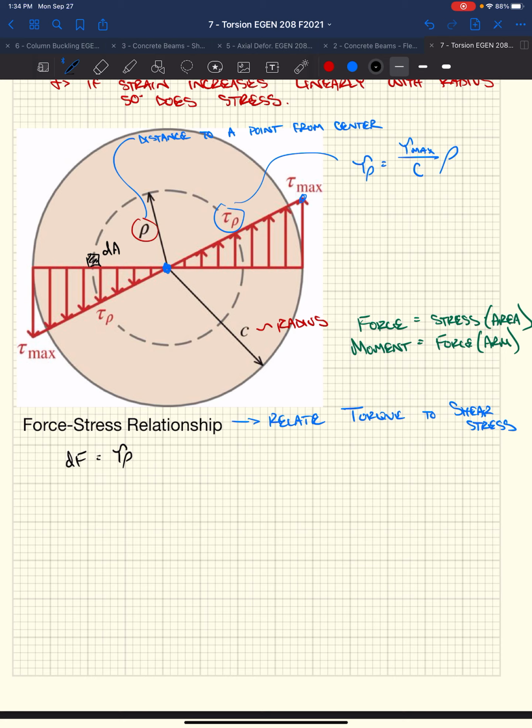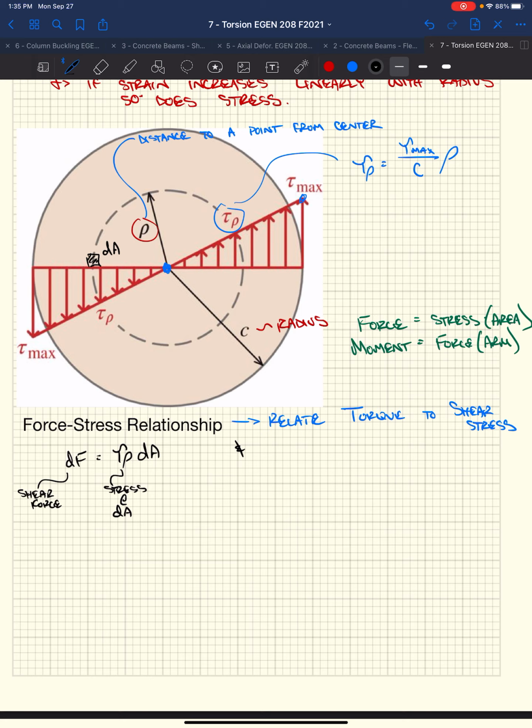So we have tau rho times dA, right? Stress times an area. So we've got shear force and we've got stress at dA, that small little area of this cross section that we're looking at.